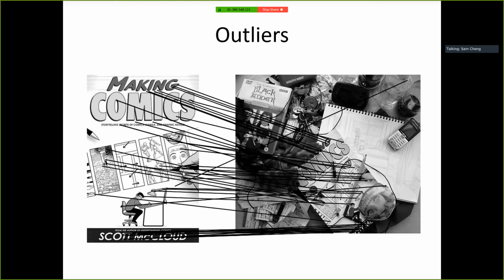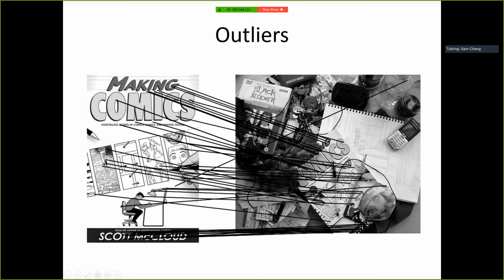But as we mentioned, to avoid some wrong matches, we can compare the best match with the second best match. If it's above a certain threshold, we consider it a good match. But still, here you will occasionally get some really bad matches, right? Like this one match here.